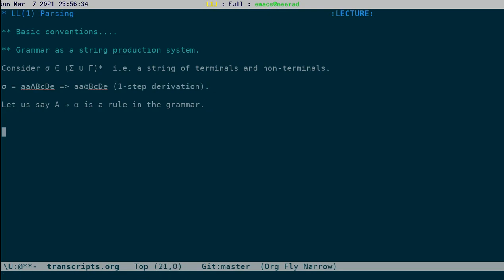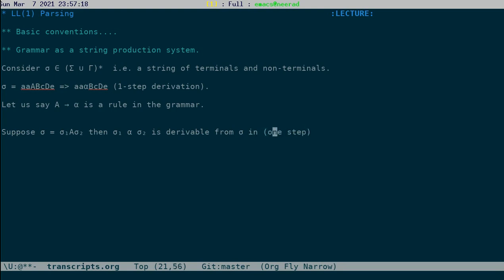Or more formally, we say that suppose sigma is like sigma 1 A sigma 2, then sigma 1 alpha sigma 2 is derivable from sigma in one step.